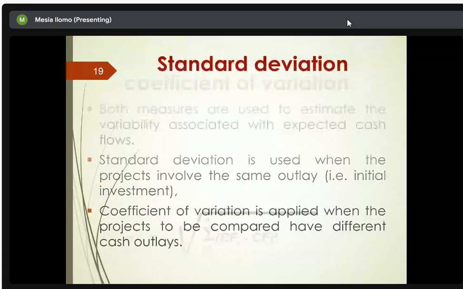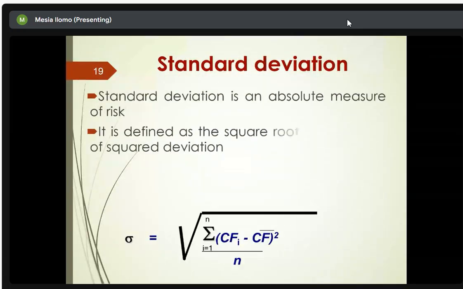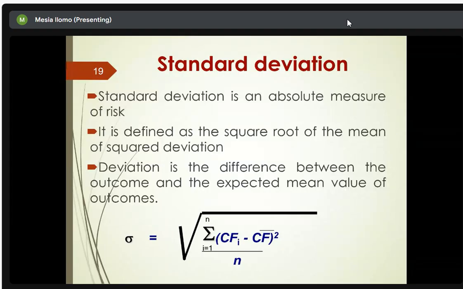And that is where the coefficient of variation makes more sense. Standard deviation is more of an absolute measure of risk, while the coefficient of variation is a relative measure. The standard deviation gives you the absolute value of risk, but the other is relative in the sense that you compare some numbers to get what we call the coefficient of variation.